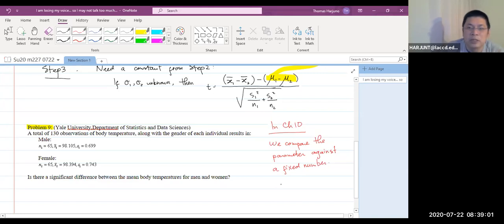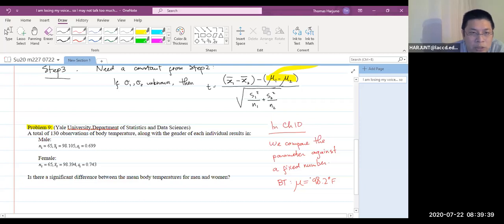Let's say we say that the body temperature is supposed to be equal to 98.2 degrees Fahrenheit. The 98.2 degrees Fahrenheit is already predetermined. That's chapter 10. Now, in chapter 11, we are dealing with two groups in which we don't know the population mean of each group.